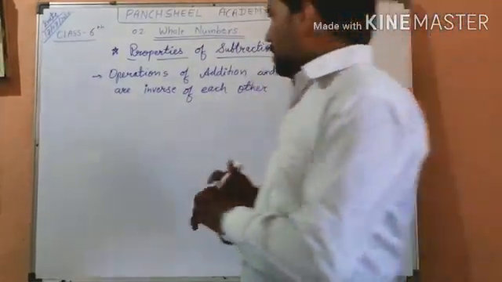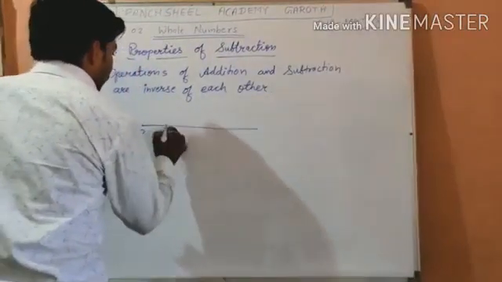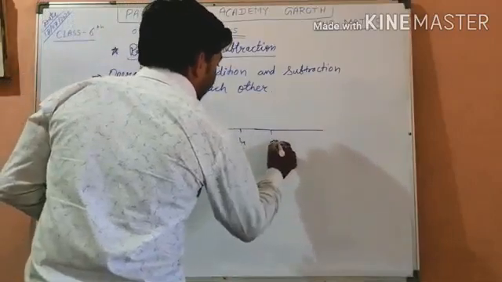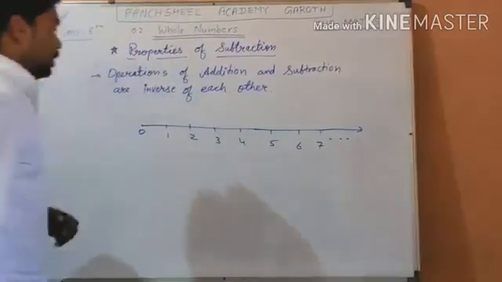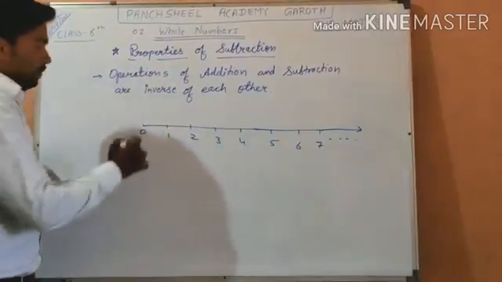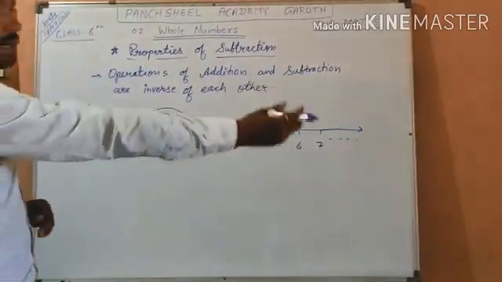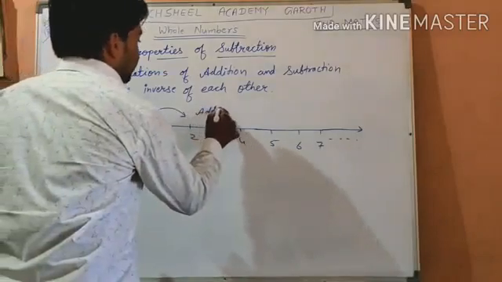On the number line, 0, 1, 2, 3, 4, 5, 6, 7 and so on, if we add something, then we are jumping forward to the right side of the number line.